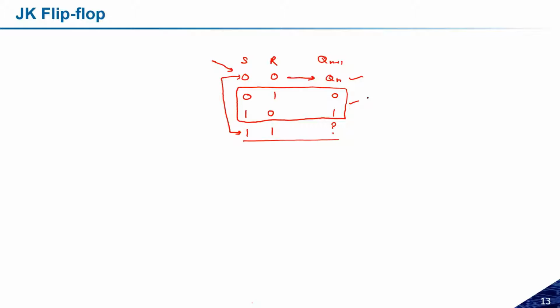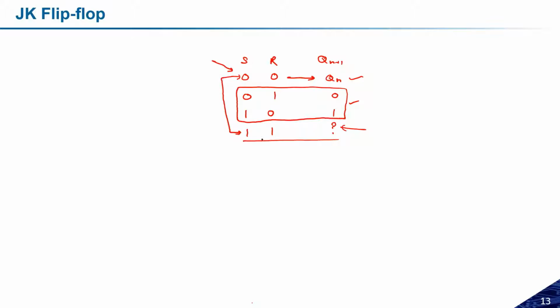But with the JK flip-flop, these problems are removed, like the forbidden state problem. What does forbidden state mean? It means that we are not able to predict what output we will get. If S and R are equal to 1, either it will set or it will reset.